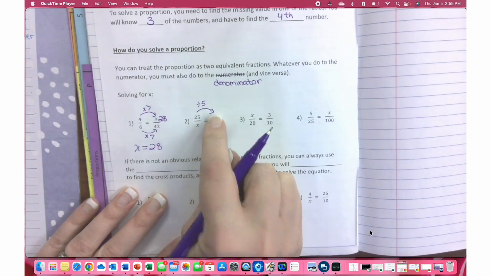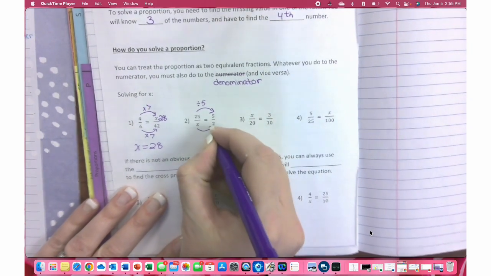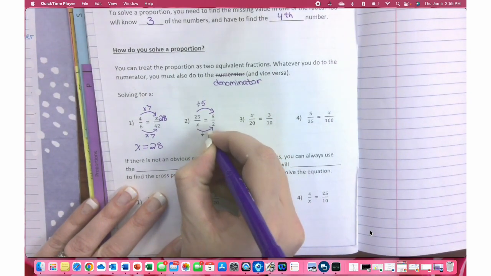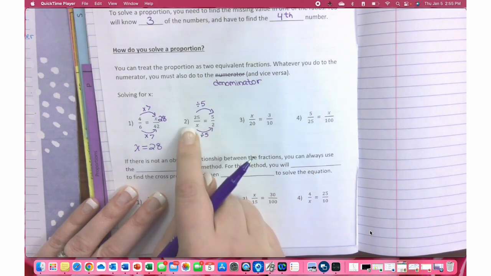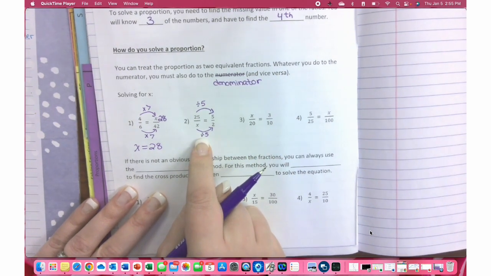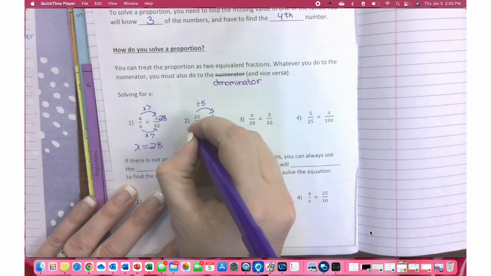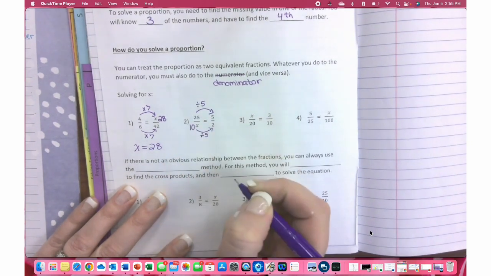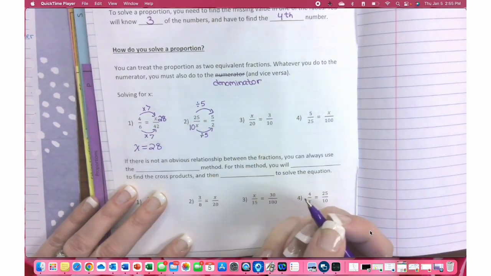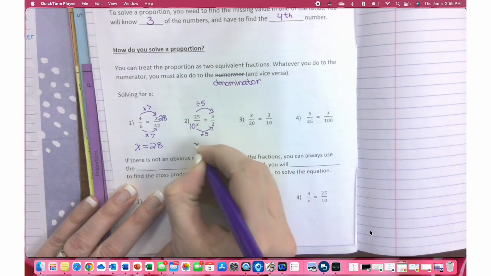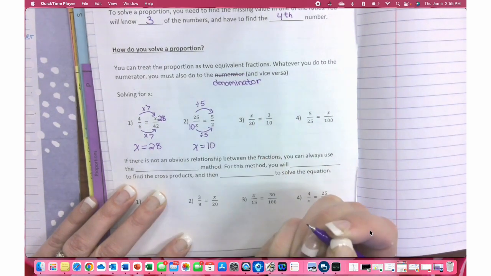So if in the numerator I'm dividing by 5, I would have to do the same thing in the denominator. But I have to figure out what number, if I divided by 5, would give me 2. So again, those times tables are going to be helpful. I know that if I take 10 and divide that by 5, that would give me 2. So 10 would fit where the x is. That means x is equal to 10.